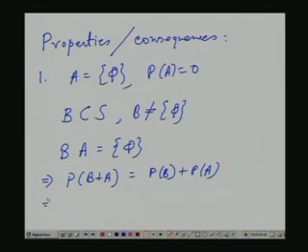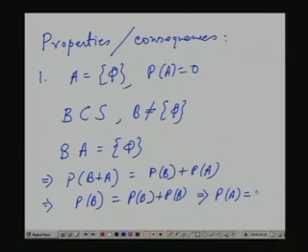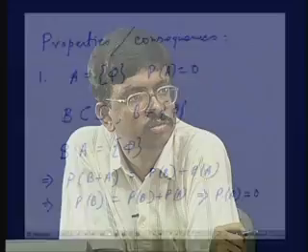So, that means P(B), and we have P(B) here, plus P(A), which means P(A) equals 0. Okay. So, the impossible event has probability 0, total event has probability 1.